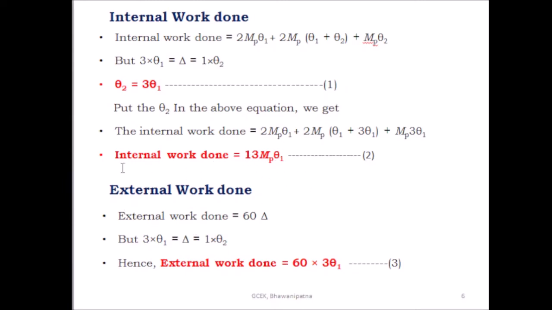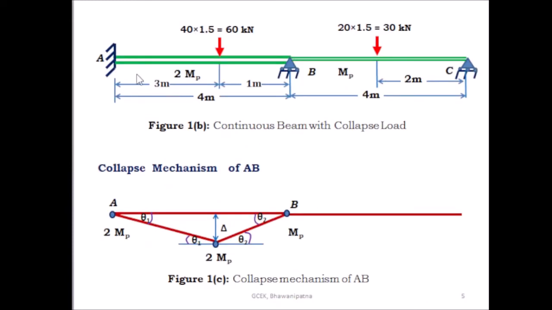Then determine the external work done. On the span AB, the collapse load is 60 kilonewton, and you can find the external work done from the collapse load and the virtual displacement.